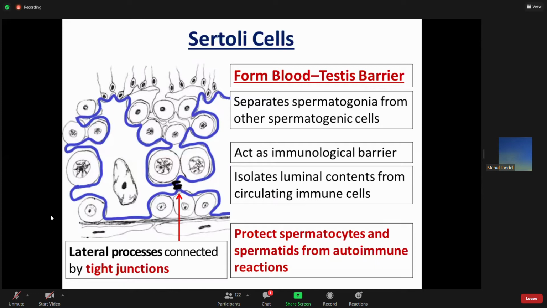That's why, to prevent contact with these newly formed cells, there is a blood testis barrier, which prevents autoimmune reaction. So it acts as an immunological barrier. That is the main function of the blood testis barrier.